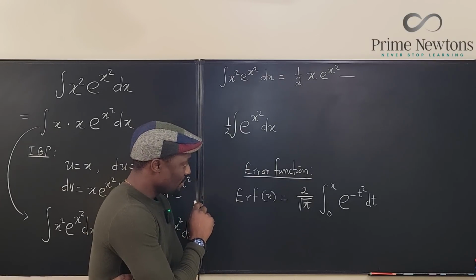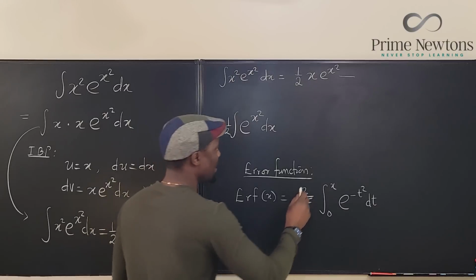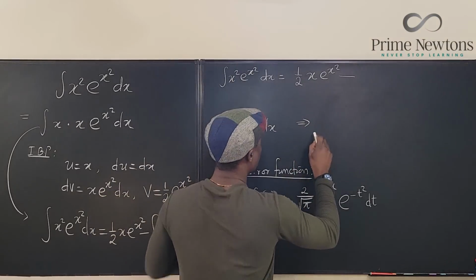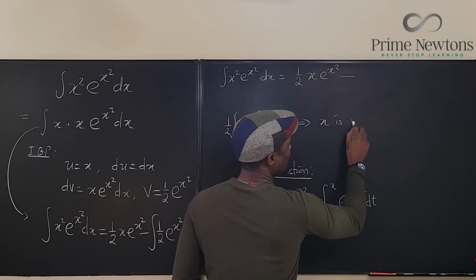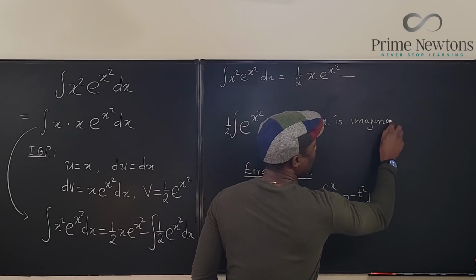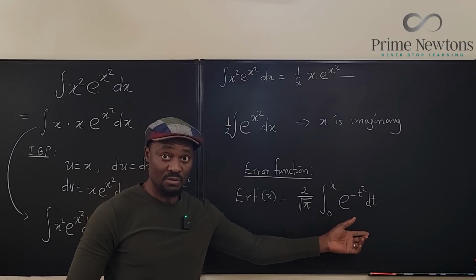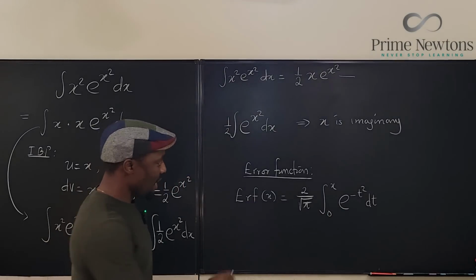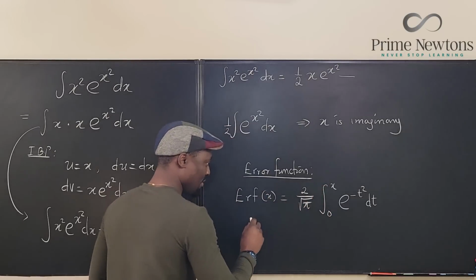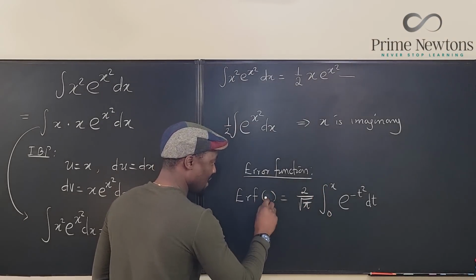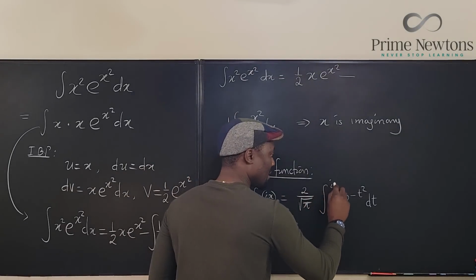I am going to just say the error function of an imaginary x. Because of this, x is imaginary. It's not defined for the error function, which is for real numbers. So what we're going to do is put i here, put i here. So I'm going to write this error function as ix, and I'm going to write this as ix.